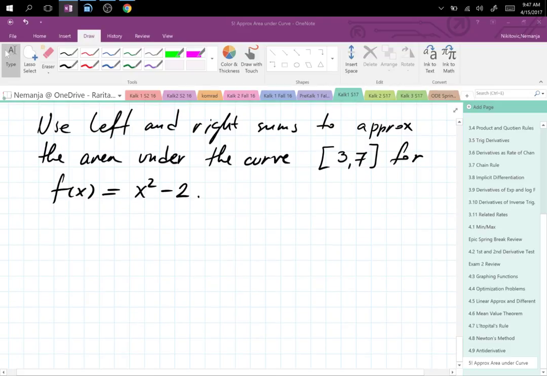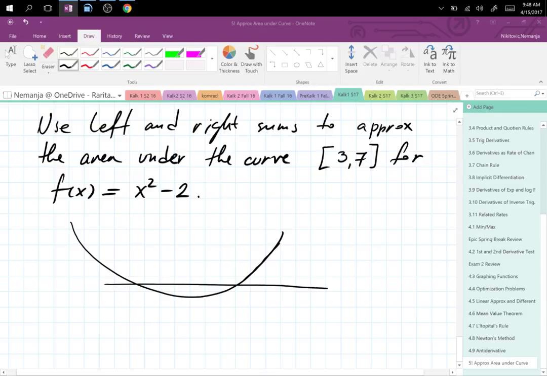So to solve this, I'm going to draw a parabola. That's a terrible drawing, and it goes through -2.